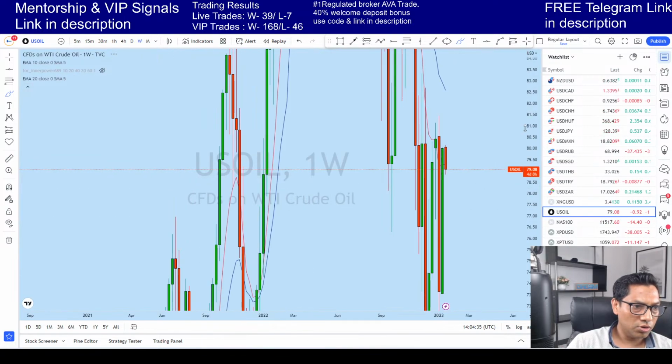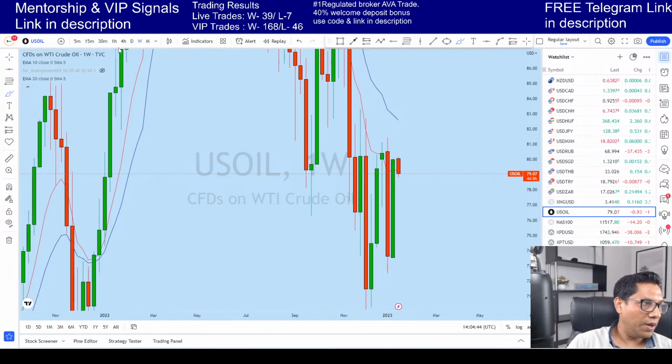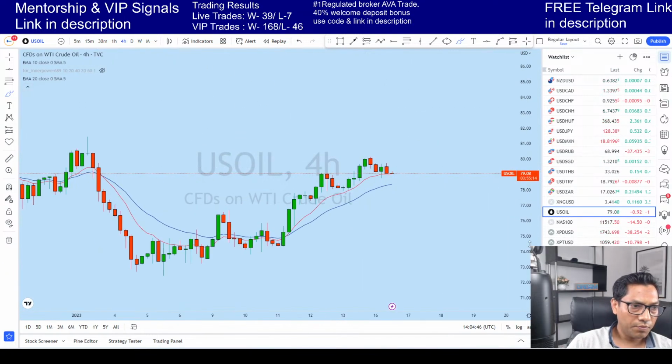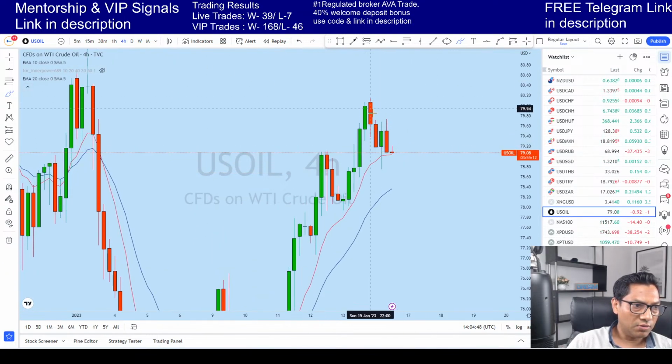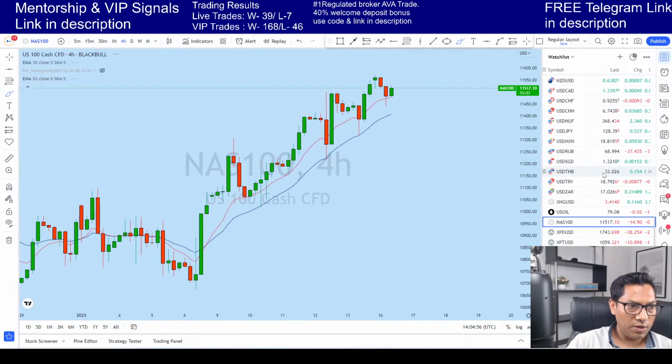On the weekly, after the previous weekly close, the price has reached the top and is now coming down. I think US oil may continue to drop. There is already a bearish candle, so normally the trend changes. So US oil has a high probability to drop.